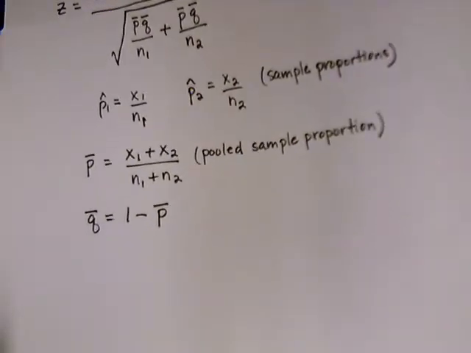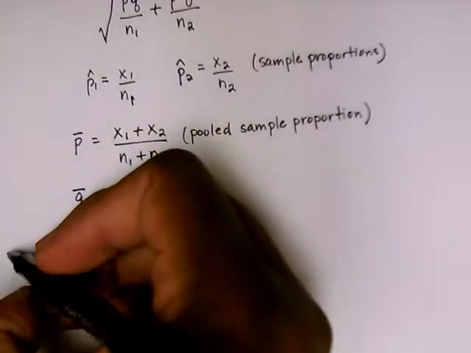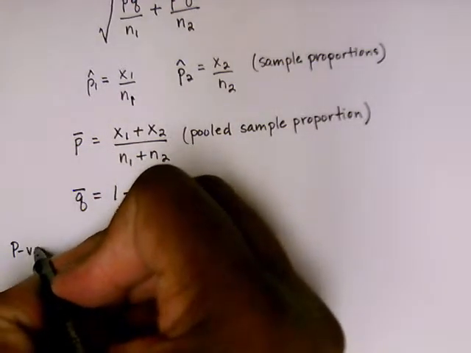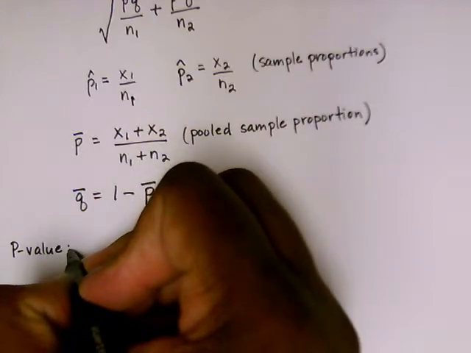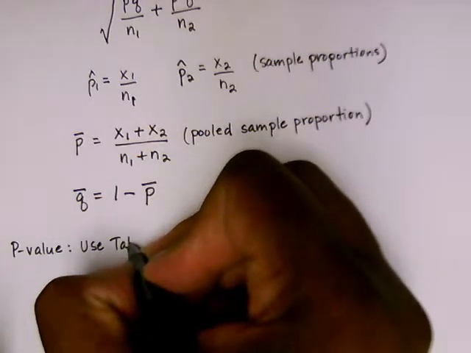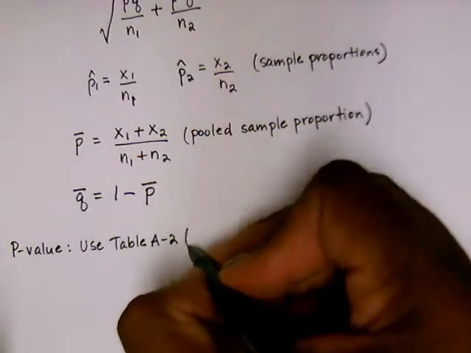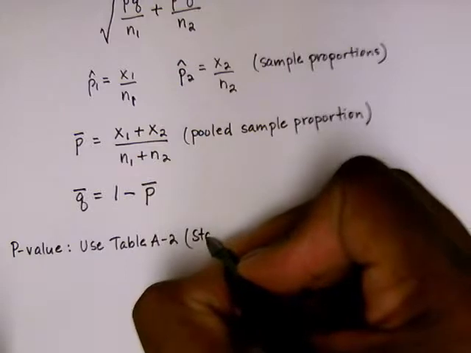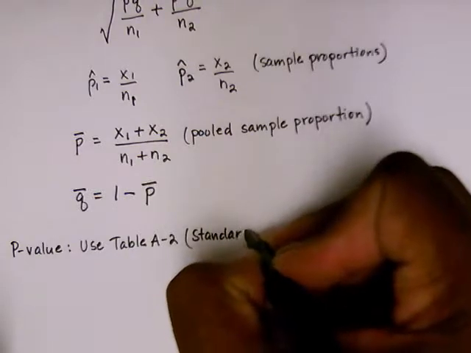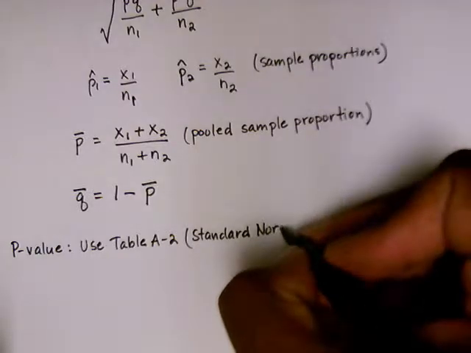Now, to find the p-value, we're going to be using table A-2. And table A-2 is actually the standard normal distribution table.